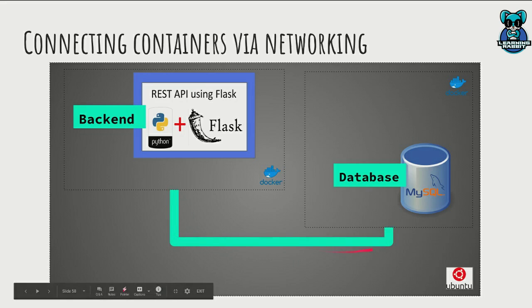So this connection was created using the bridged or the host. If we use the bridged, we could just use the name of the containers and access them from each other. But if you use the host, we had to use the IP address of the host. In my case, the host was an Ubuntu system. So whatever IP address my system had, I had to use that in my backend to access the database.